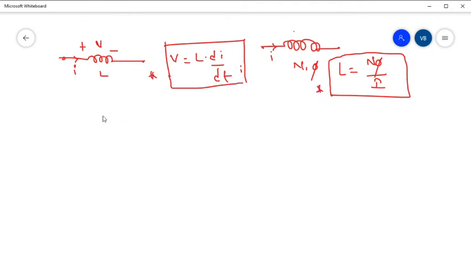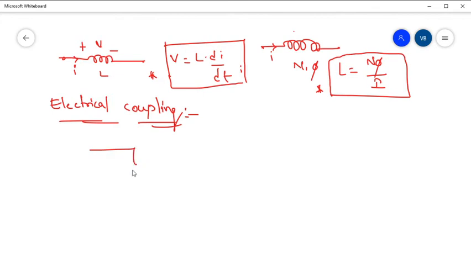First we will discuss the electrical coupling. In order to generate any coupling, we need a minimum of two devices. So here I am taking one inductor, and here another inductor.